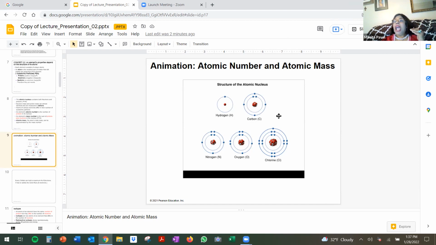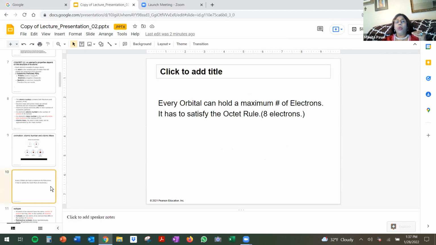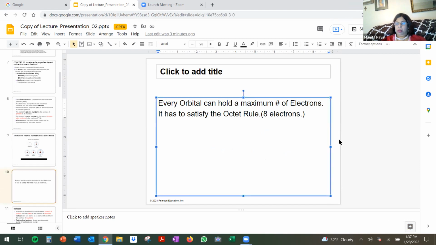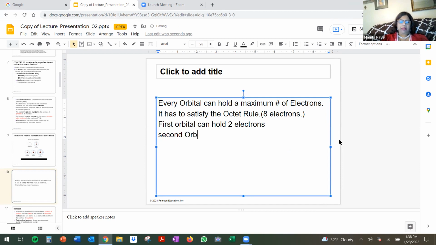Every orbital has to satisfy, we said, this octet rule. Therefore, the first orbital can hold a maximum of 2 electrons. Six minus 2 would be 4. But the second orbital can hold a maximum of 8 electrons.